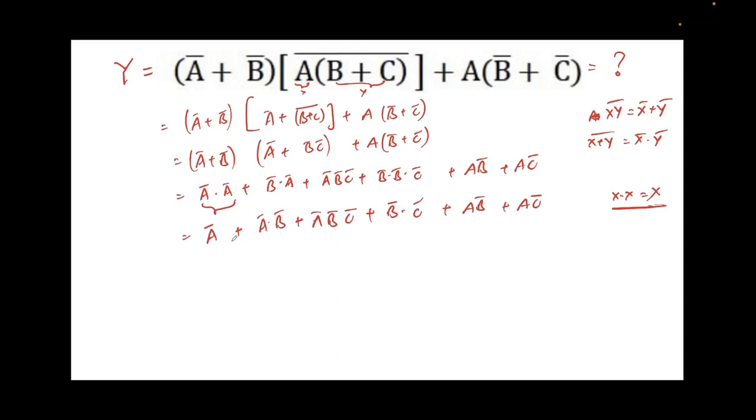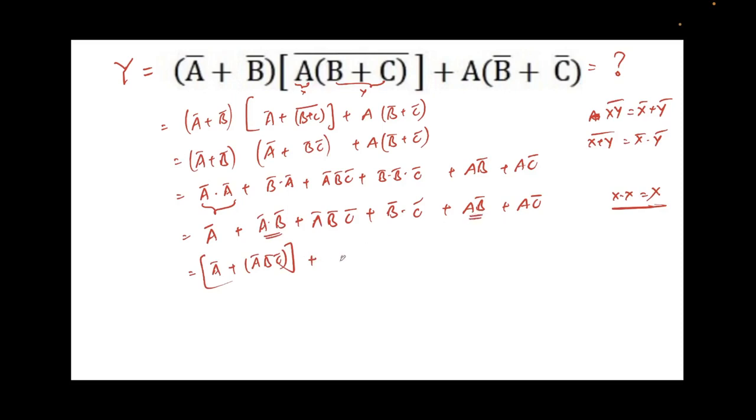Now let's have a look at this expression. I'll bring this term here first. So I'll write A bar plus A bar B bar C bar. I've just brought this term here, plus, again, let me combine this term and this term.